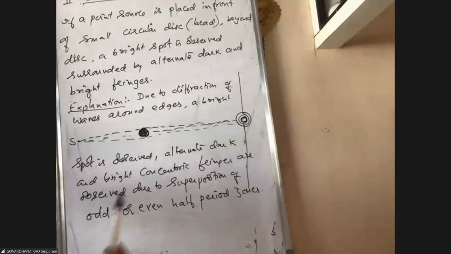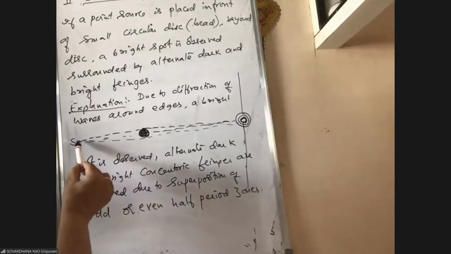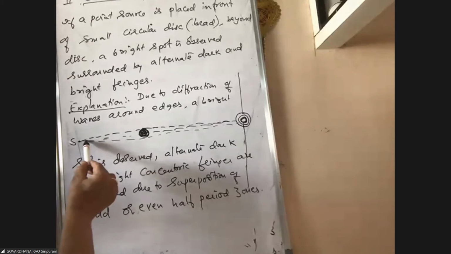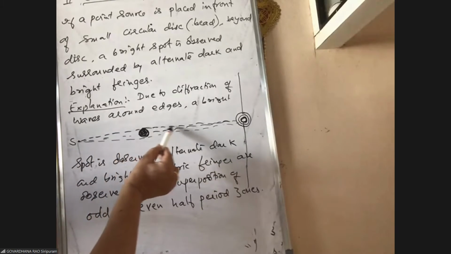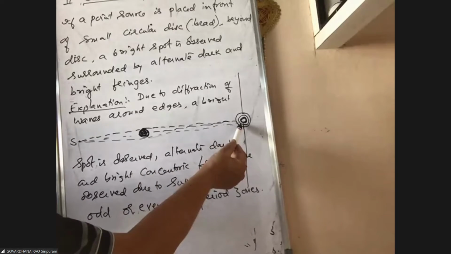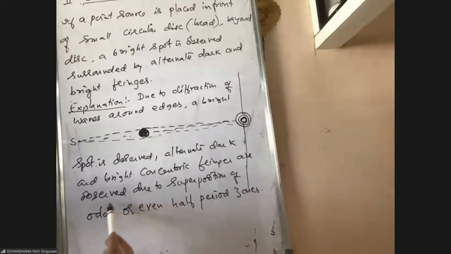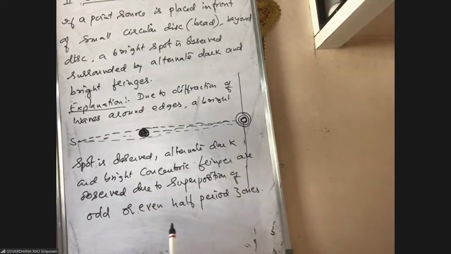What I want to say here, exactly behind this disc, the diffracted waves which are striking here will bend and they will combine here. But surrounded, you are getting dark and bright fringes due to superposition of odd and even half period zones.